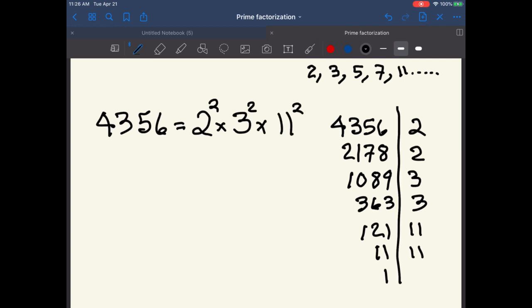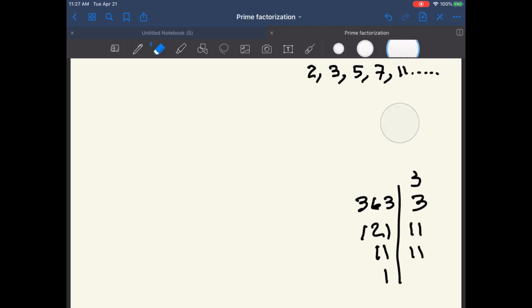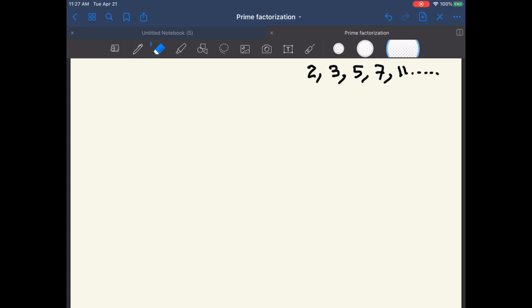This is another example. I'm going to do the last example now. The last example is the prime factorization of 3087.